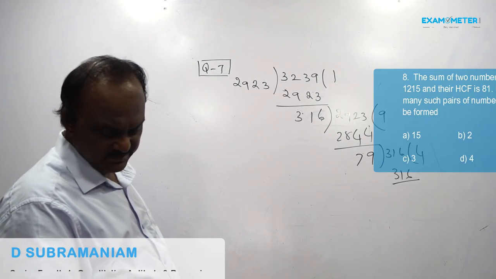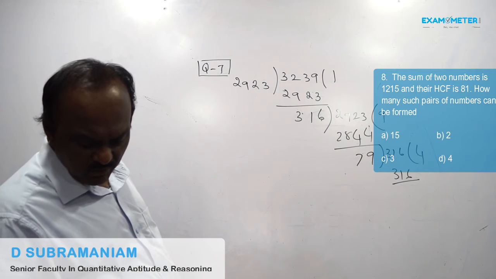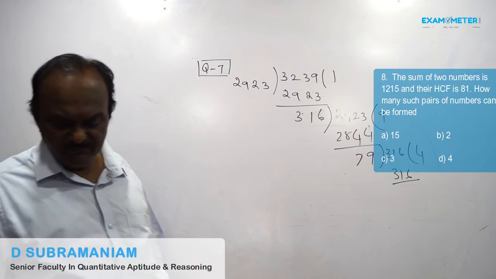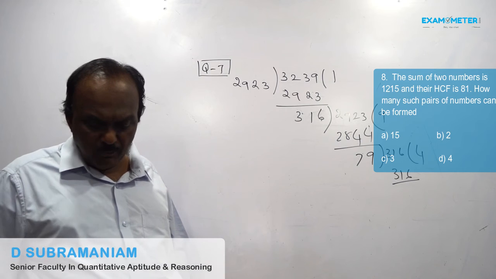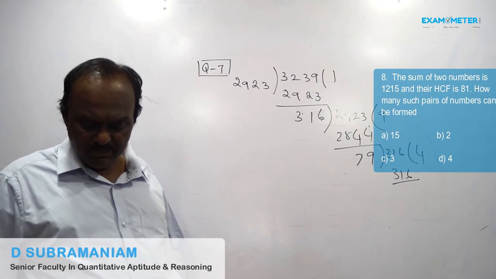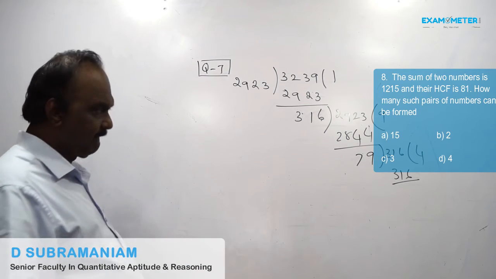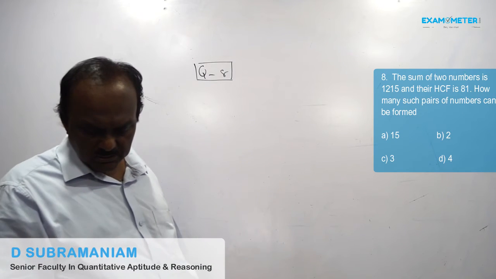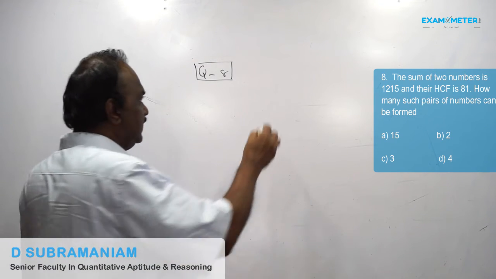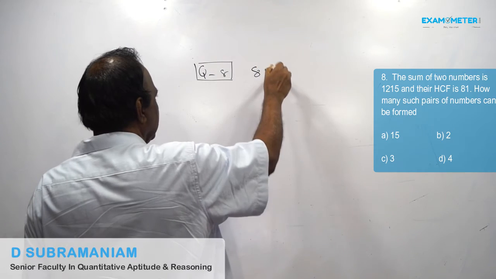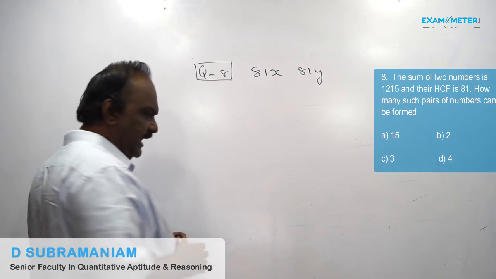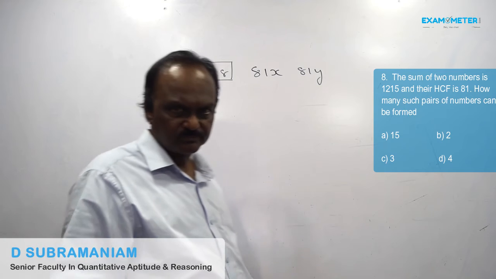Question number 8. The sum of two numbers is 1215 and their highest common factor is 81. How many such pairs of numbers can be formed? We will assume the numbers as 81x and 81y, where x and y are co-primes.